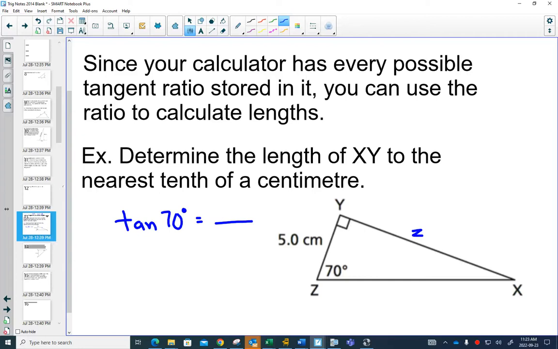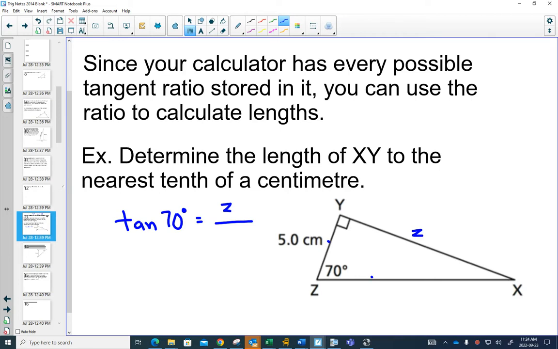Is 5 opposite? Is Z opposite? Is this side the opposite side? Z is opposite, so we would put a Z on the top. Which one is the adjacent side? Well, adjacent means right beside, but this side is right beside and this side is right beside. Which is the right beside one?